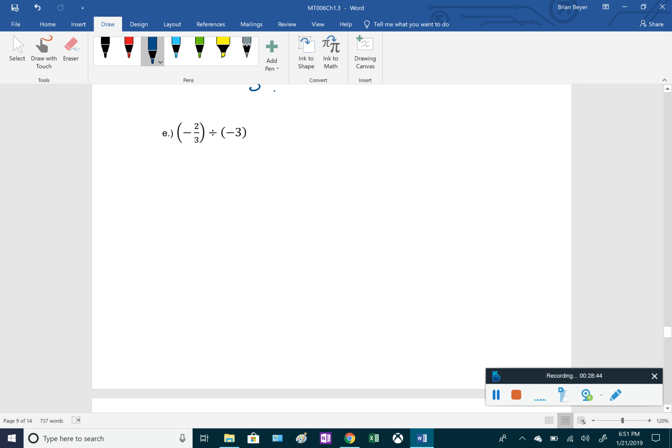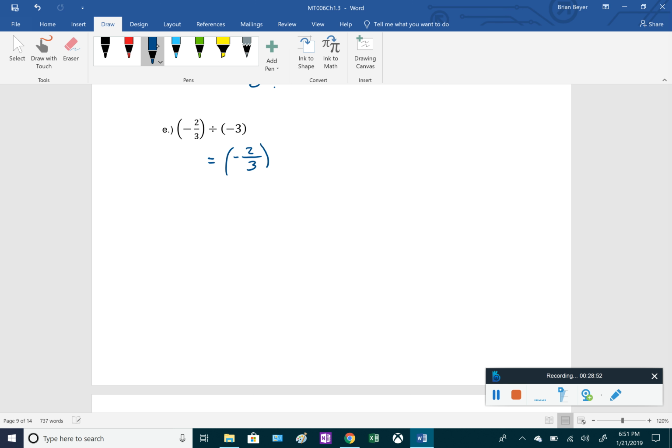And for the last one here, for E, -2/3 divided by -3. So I'm going to write this as -2/3 divided by -3/1. So negative divided by a negative, this is going to give us a positive. So same rules apply to division that did for multiplication with the negatives.